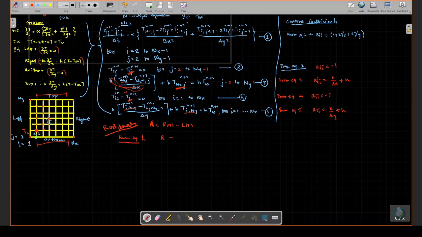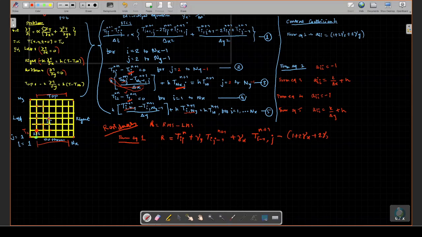RHS will be this Tij n, and everything will be Tij n plus gamma y Tij minus 1 n, gamma x Ti minus 1. Yesterday we have written all this. I'm just repeating again to make you clear. 1 plus 2, the central coefficient, is also coming here.